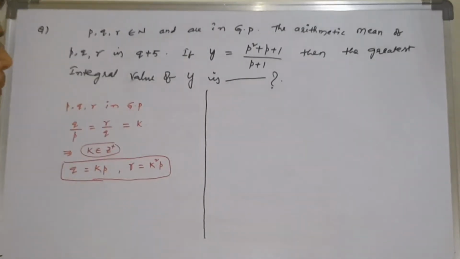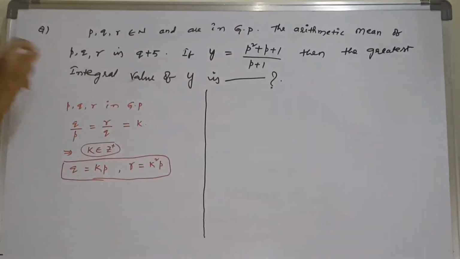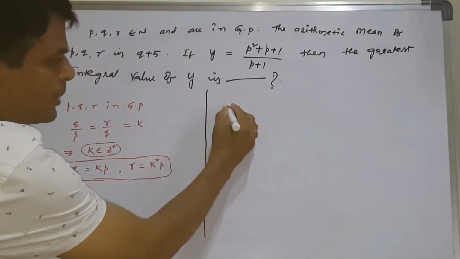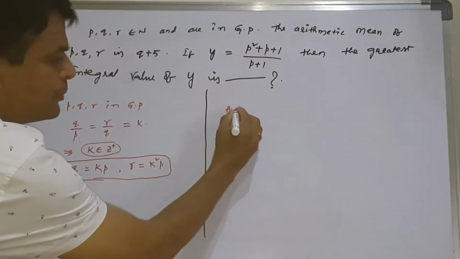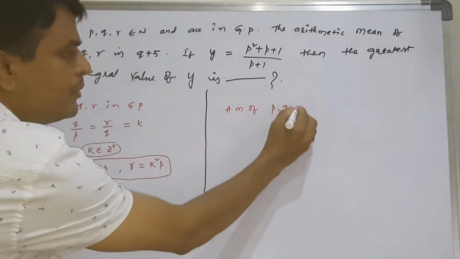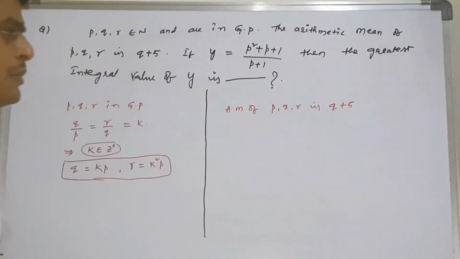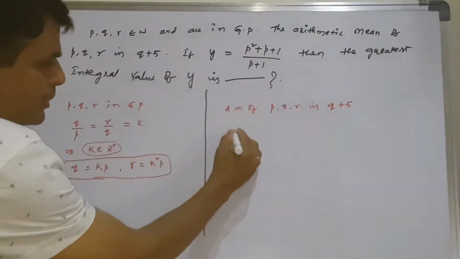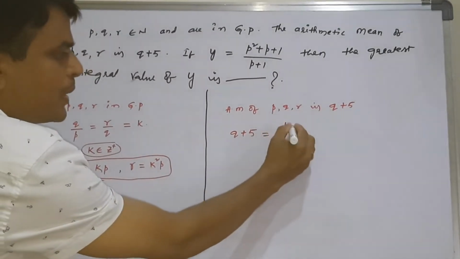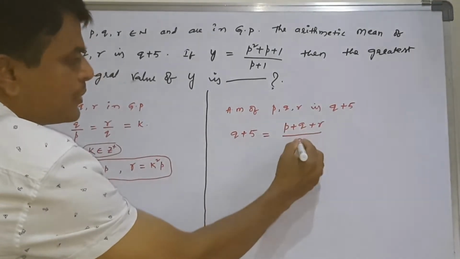Now coming to the second condition: the arithmetic mean of P, Q, R is Q plus 5. So Q plus 5 is equal to (P plus Q plus R) divided by 3.